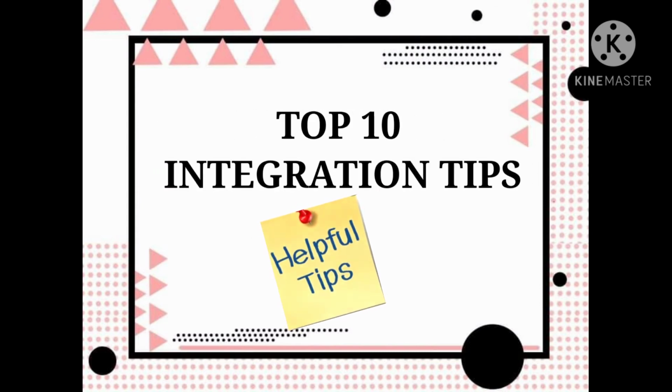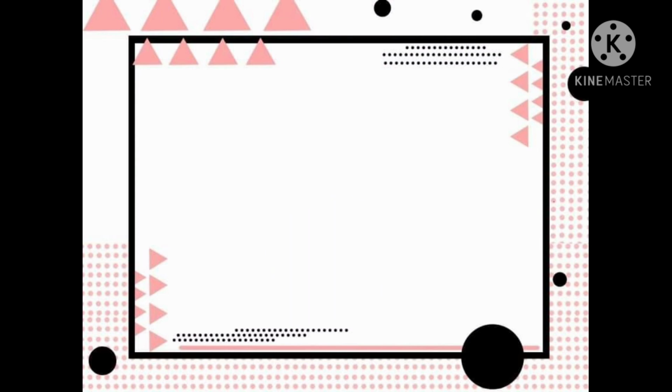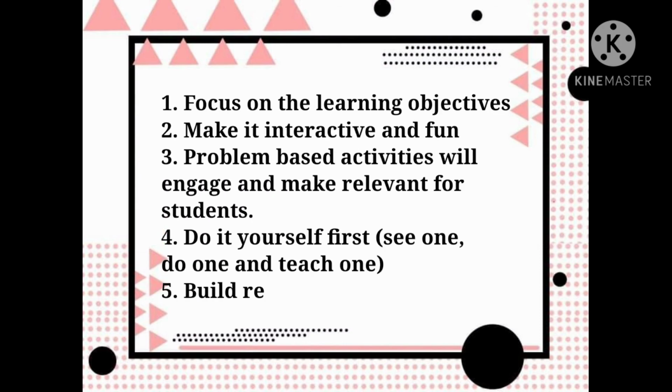So here are the top 10 integration tips. Start with a lesson you are very familiar with and have taught before. Number 1, focus on the learning objective. Number 2, make it interactive and fun. Number 3, problem-based activities will engage students and make learning relevant for them. Number 4, do it yourself first. See one, do one, and teach one. Number 5, build relationships.